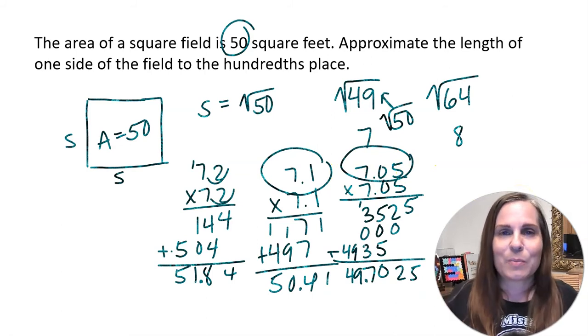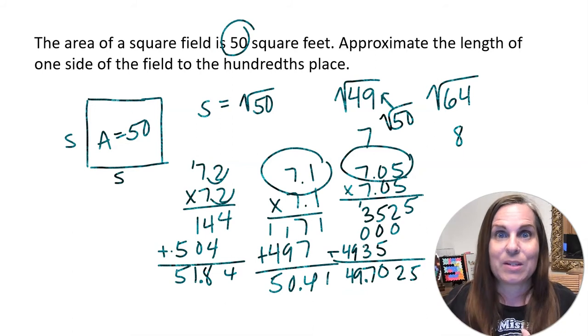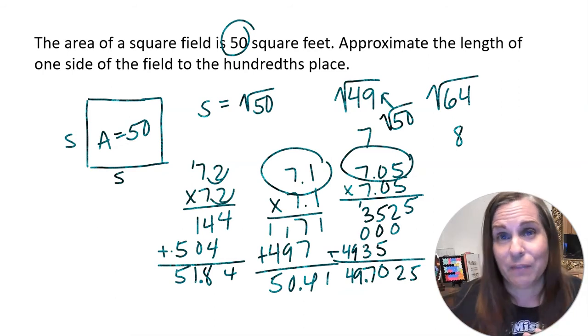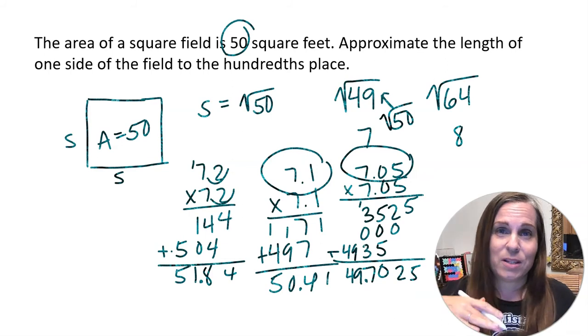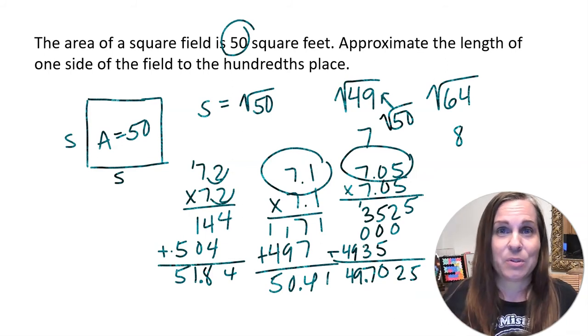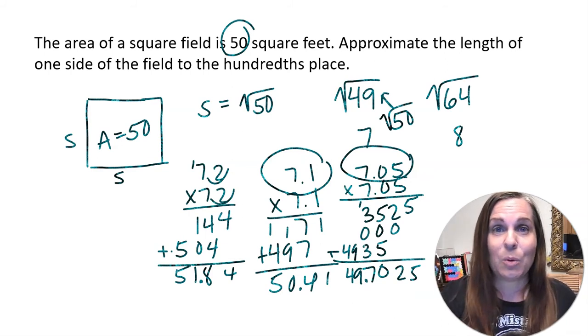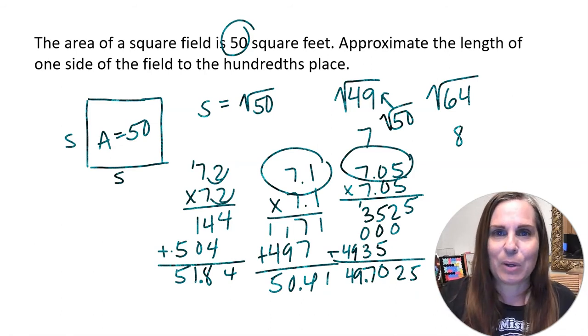So I'm not going to spend your time here doing multiplication for 7.06, 7.07, 7.08, and 7.09. You can do that, but if it's a multiple choice question, you can look at the choices and pick the one that makes the most sense based on what we've learned here, which is that it has to be less than 7.1, but more than 7.05.